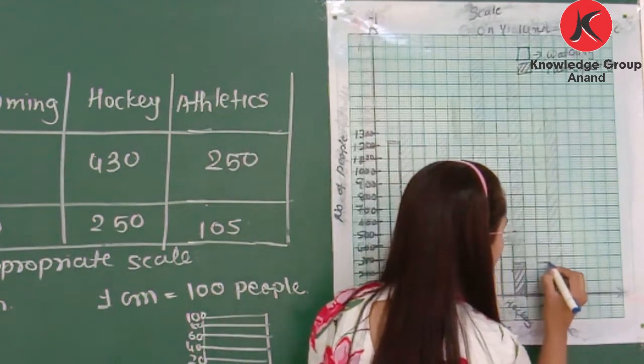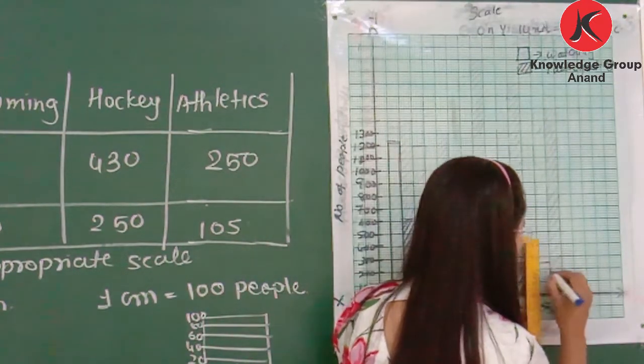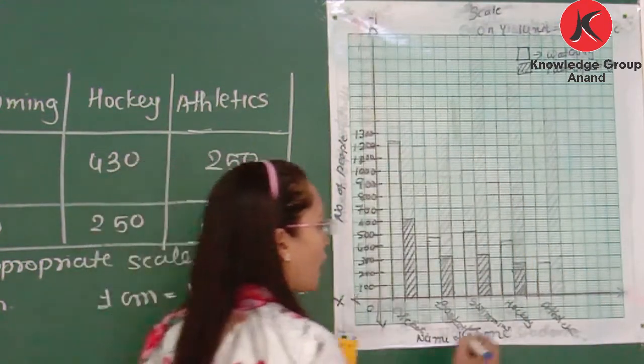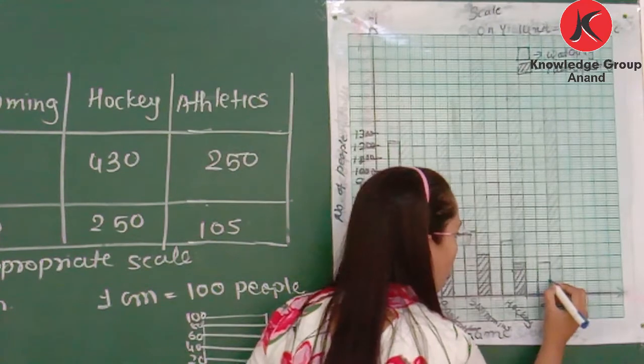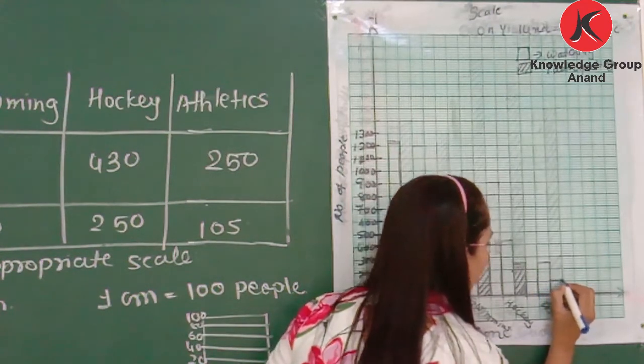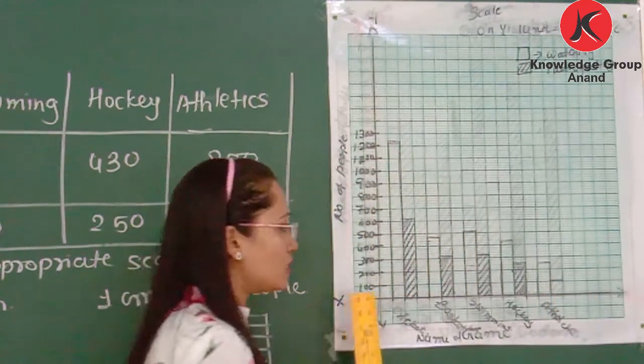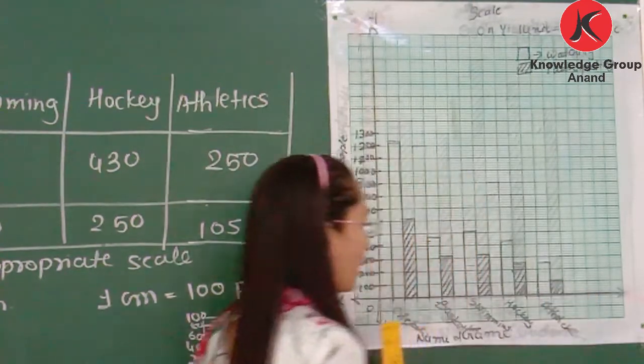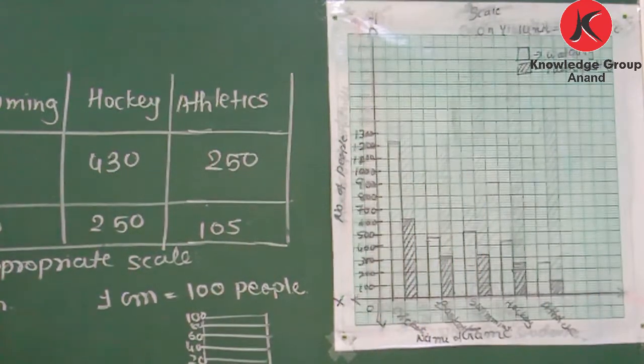So we will draw a graph for athletics, 250 and 105. After 100 we will take a small distance to represent 105. So this is the graph of question number 5.